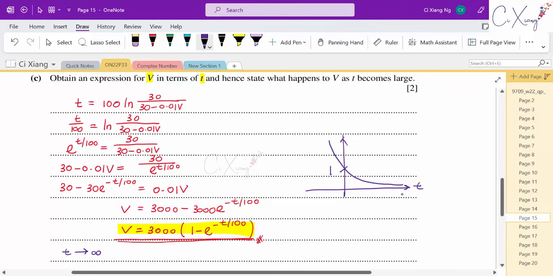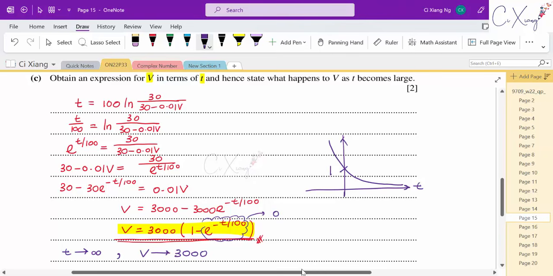Which means that when you're getting closer and closer to the x-axis, the value of this graph becomes very, very small. When you're having a value which is very, very small, we assume that it equals 0. So when we substitute t equals infinity in e power negative t over 100, our value for this part will be approximately 0 because the value is very, very small, and therefore V approaches the value of 3000.